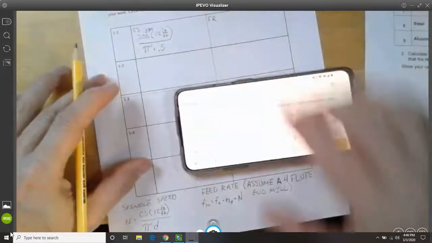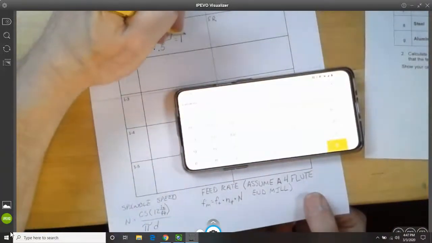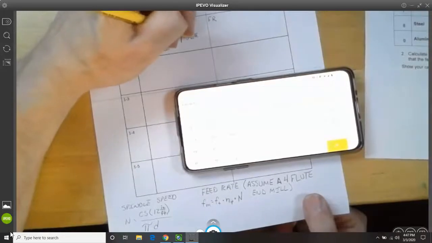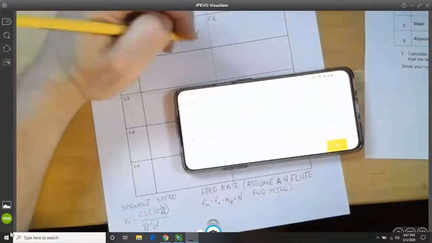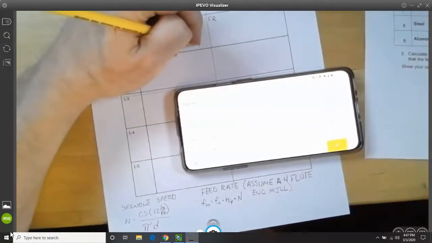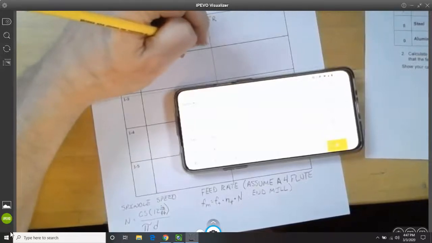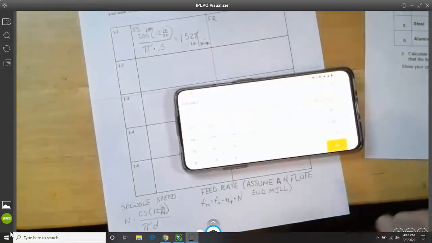We're going to round that up to 1,528, and that is inches per min. Okay, so that's how you do that one.